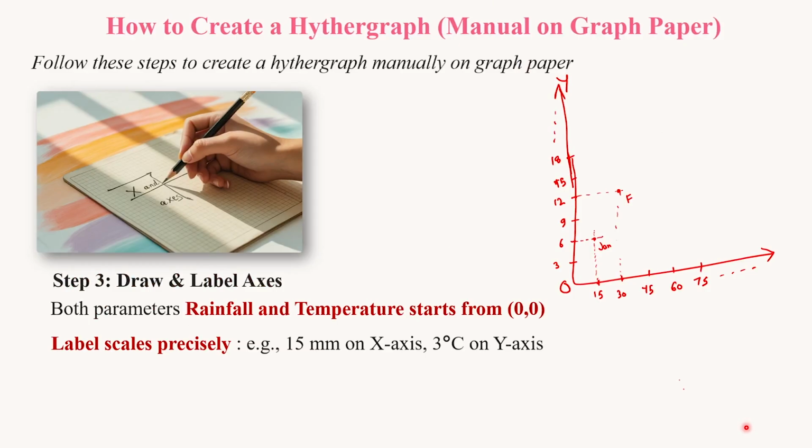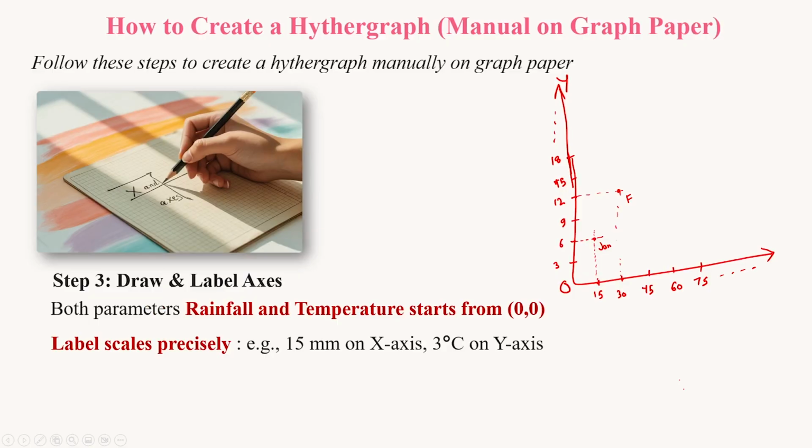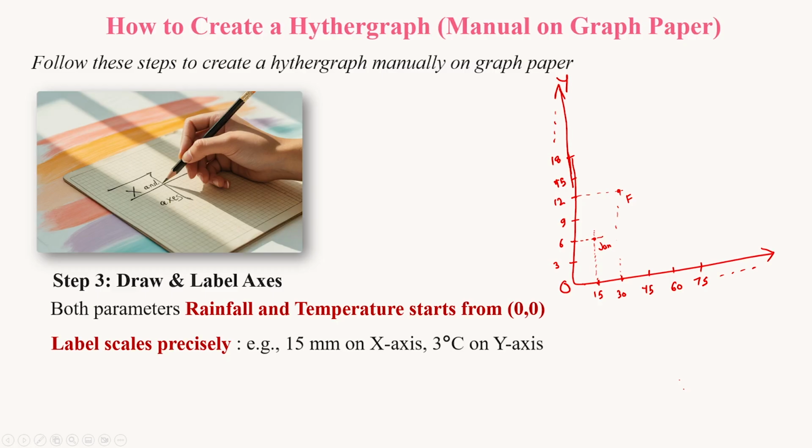Suppose for March, first we will note the rainfall. Suppose the rainfall for March is 5 mm, so we will mark 5 mm here. Then we have a temperature of 20 degrees. We will locate it on the graph and put a mark.